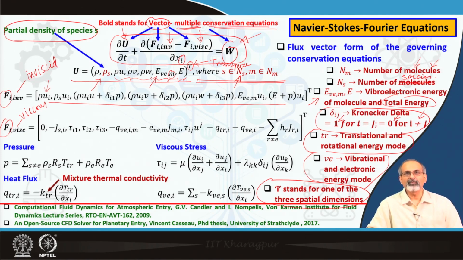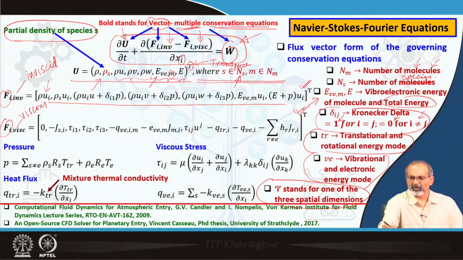We will see them once again in a column form in a subsequent slide, where it will be easier for you to see each and every term put together. Remember that each one of these vectors is indicated with a T superscript, which means it is basically a transpose operating on the row form that we have written here, which means they are all column vectors. We have not written the form of the source vector here in this slide, we will see it later.